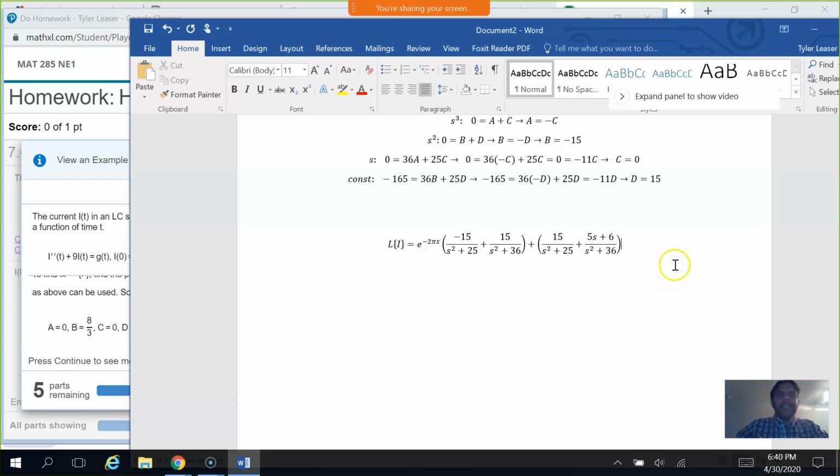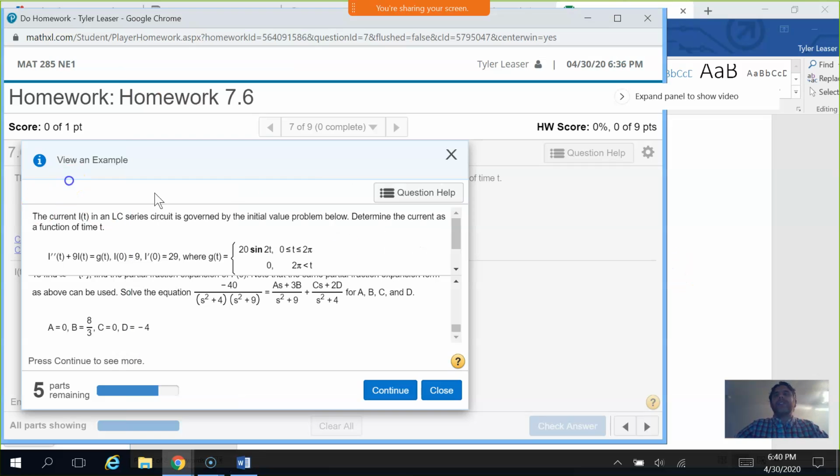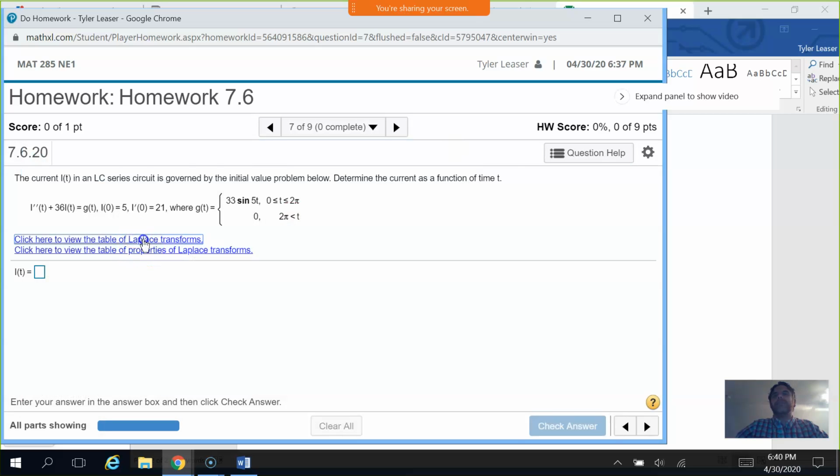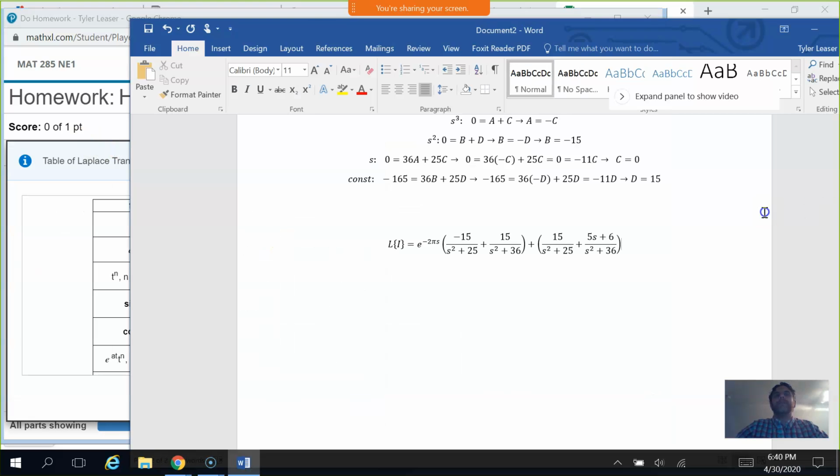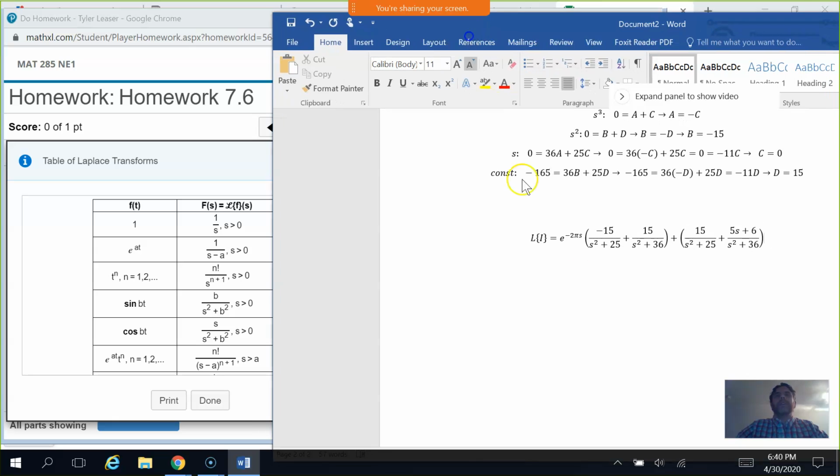And now, hopefully, these will match up with some of the table stuff from over here. It definitely looks like most of them do. So for this first term, it's constant up top, and then over s squared plus 25, that's going to be a sine function. This one, same thing, another sine function. This one's going to be a sine function.